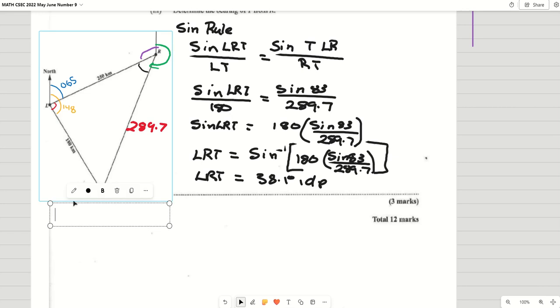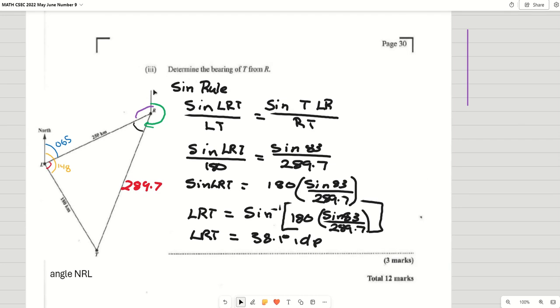So angle NRL, and angle 65 are co-interior, hence 65 plus NRL is equal to 180.